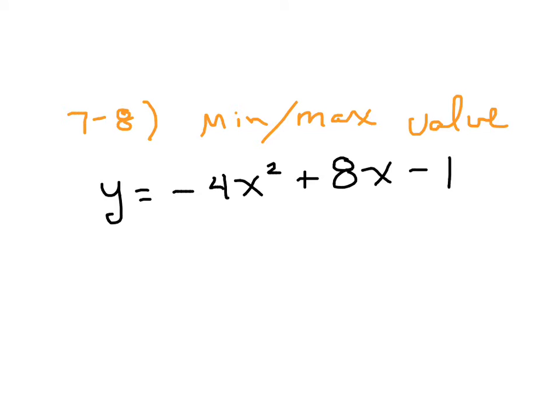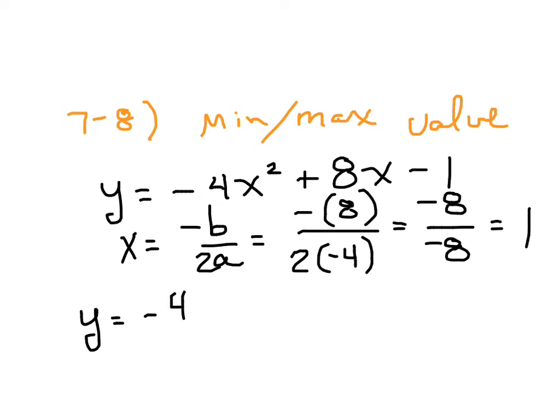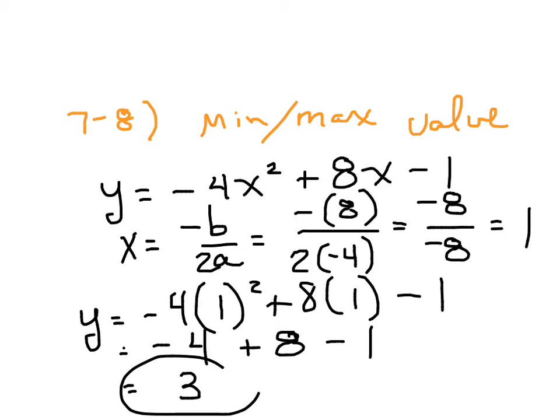To find the minimum or maximum value, again, you're going to go x equals negative b over 2a, or negative 8 divided by 2 times negative 4, negative 8 over negative 8, which is 1, and then plug in 1 for x, and whatever we get here is going to be our answer. So negative 4, when I simplify that, plus 8 minus 1, or 3. So my answer is 3.